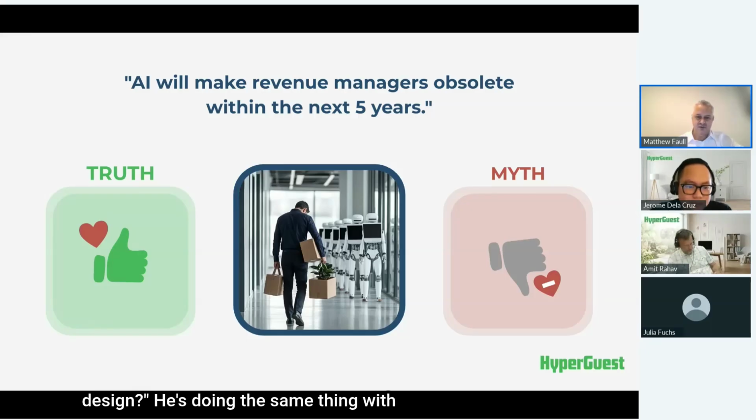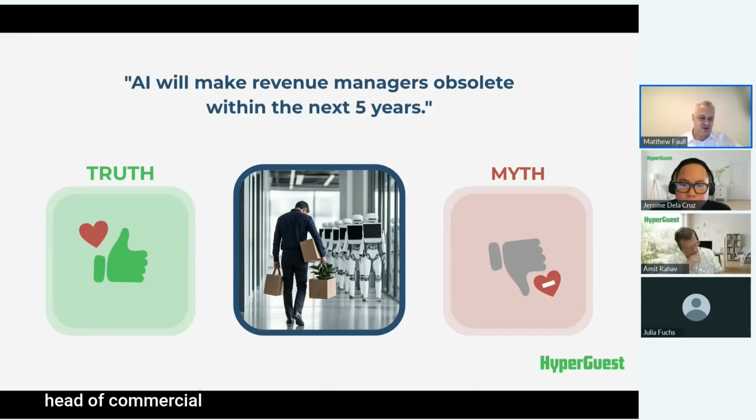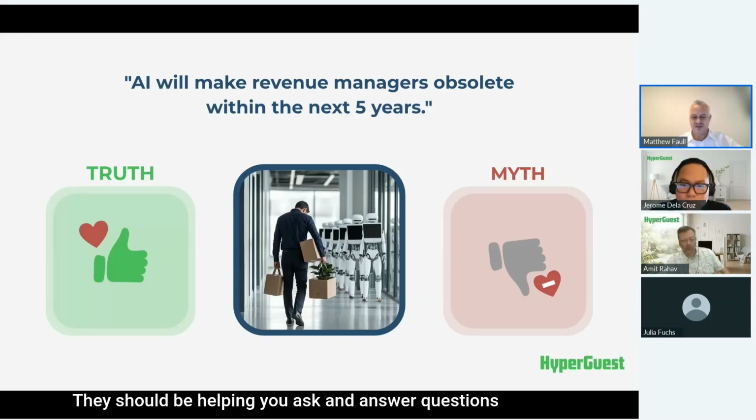He's doing the same thing with the MICE teams. He's saying, hey, you said your budget was this and you're not hitting it. Why not? Do we need to shift marketing budget to these other channels rather than these ones? A revenue manager should be the right-hand man of the head of commercial in the hotel, not just a price optimization specialist. They should be helping you ask and answer questions as to why these segments aren't selling within their budgets and working constructively to grow those segments, not just changing the price.